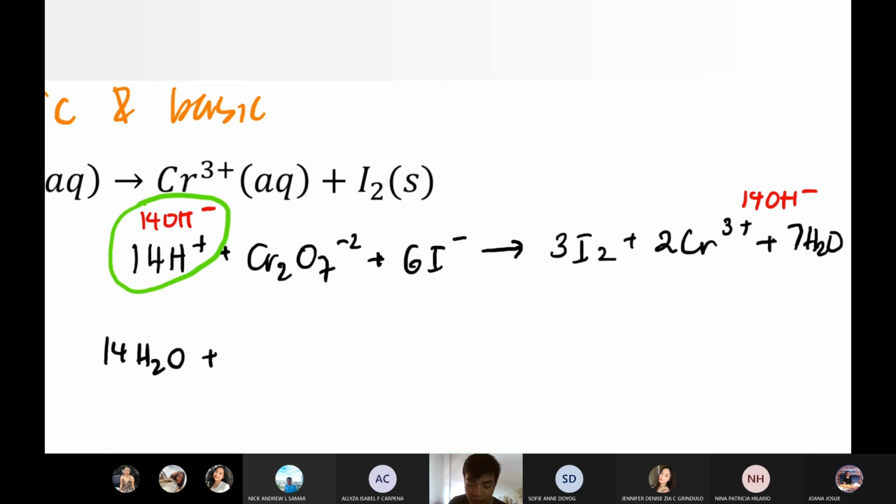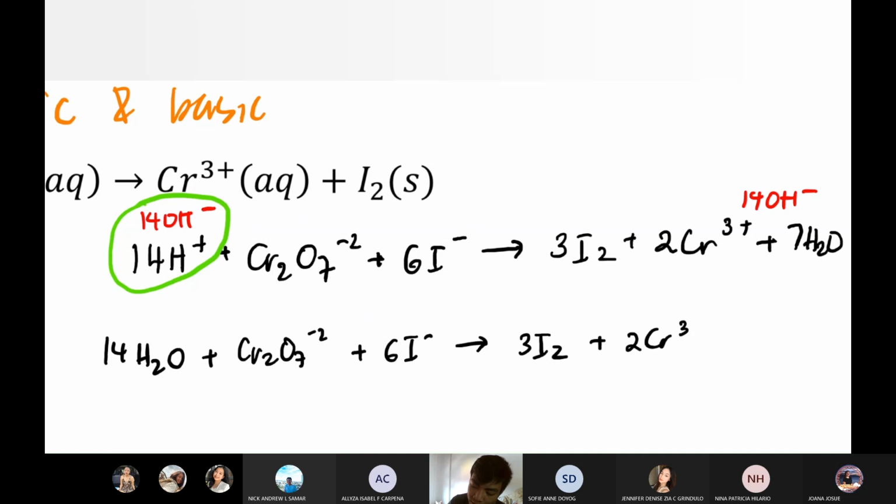It must be equal, okay? It can't be unequal. Cr2O7, 6 iodide, 3I2, 2Cr3 plus, 7H2O. Oh, I ran out of space, 14 OH.